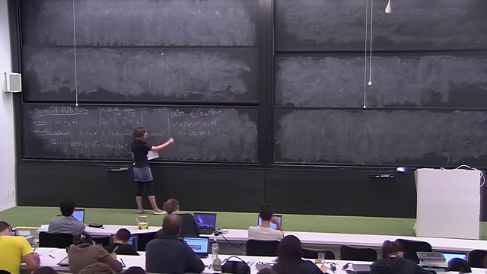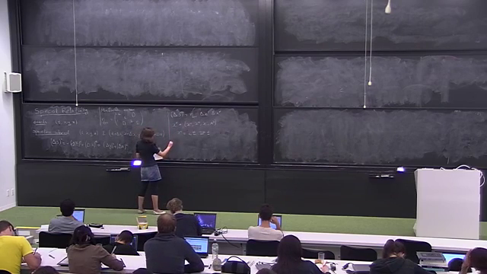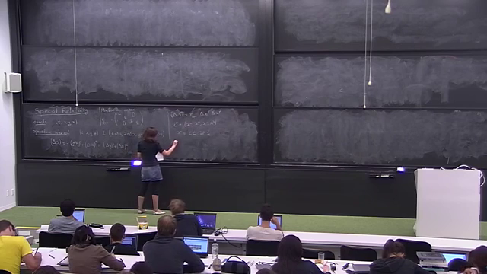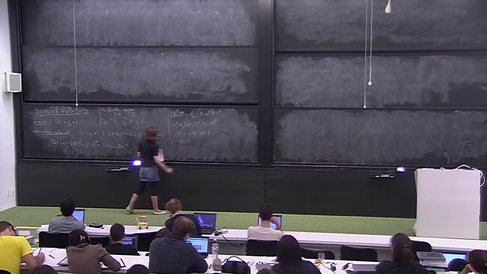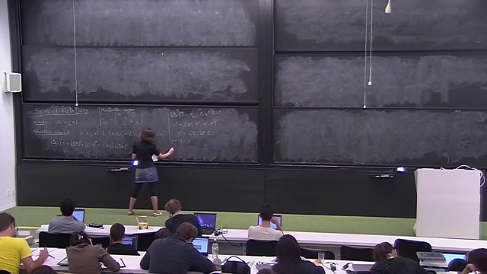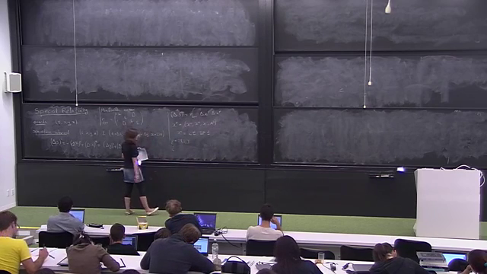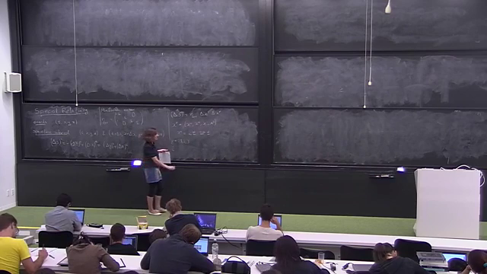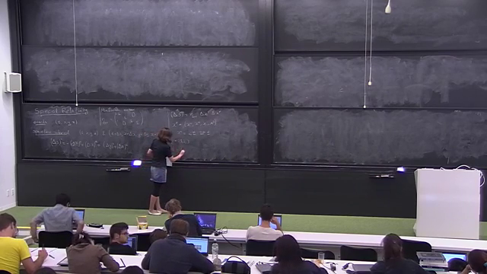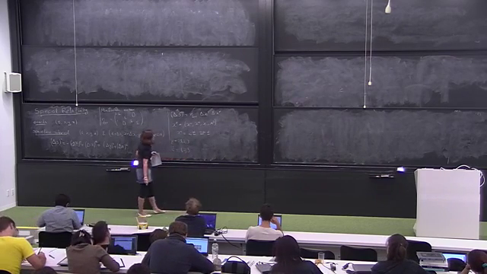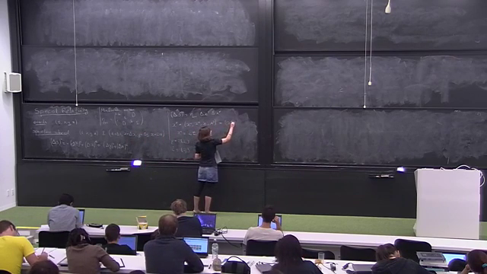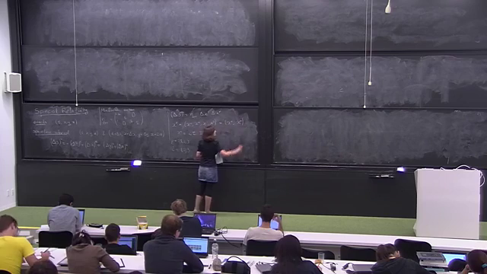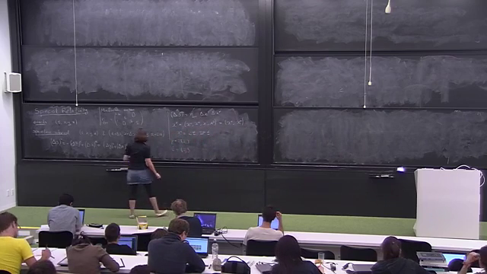So Greek indices such as mu and nu usually take four values, 0, 1, 2, and 3. And we usually use Latin indices for all the spatial indices. So x mu can be also written x0, xi.